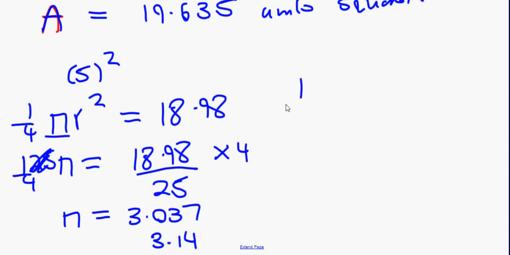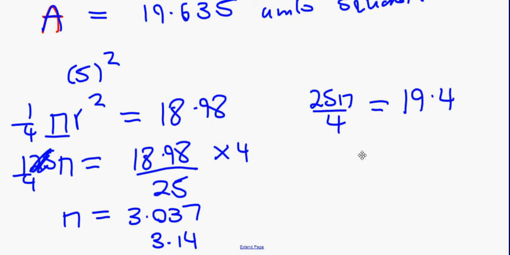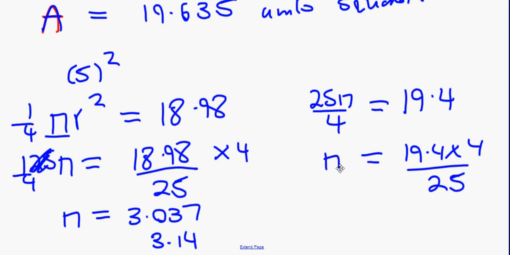Now let's try the same thing again. A quarter pi r squared is basically the same thing as 25 pi over 4, because r squared is 25, and we know for the second one the area equals 19.4. And in this case, we're going to multiply 19.4 by 4, divide by 25, which equals pi.